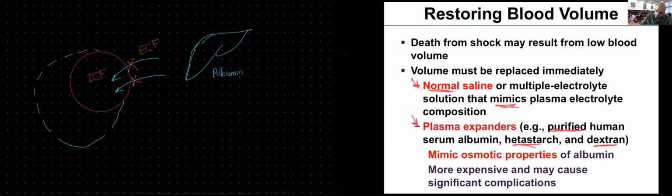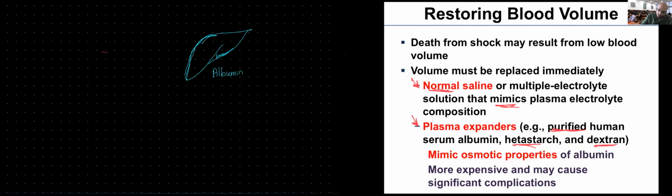It has a very strong osmotic pressure, and in order for me to expand the blood volume, I might consider giving the patient purified human serum albumin in order for the albumin to pull water into my vessels without having to face the swelling of cells.